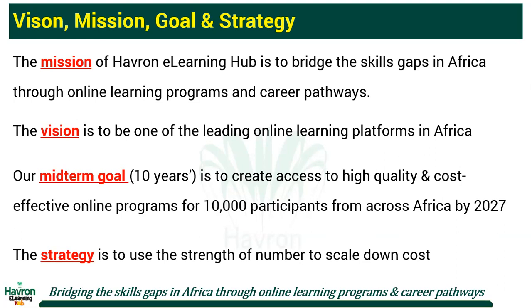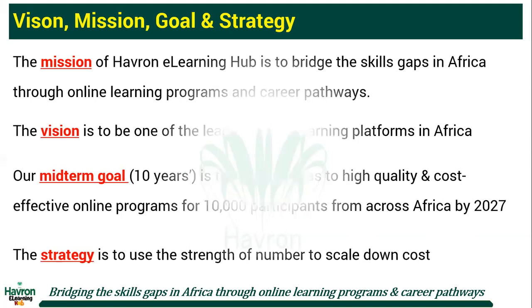So this strength, which we have in our number, is giving us two advantages. One is helping us to create access to more people. Two is helping the people who are coming on board to gain access to these programs at a cheaper rate compared to if they were to go as independent candidates to these schools. So this is our strategy. It has been working and we keep strengthening that.